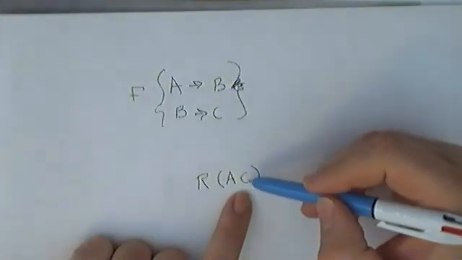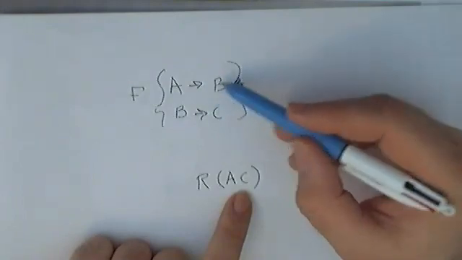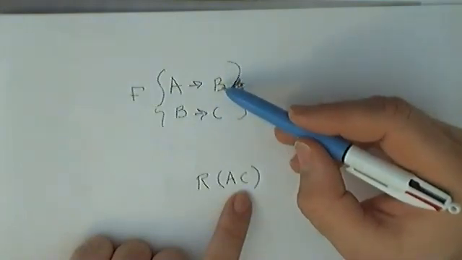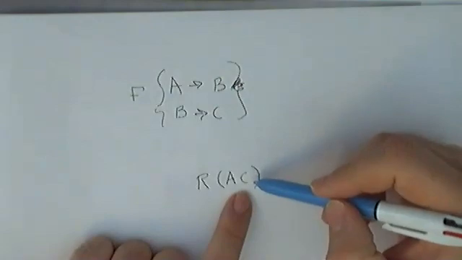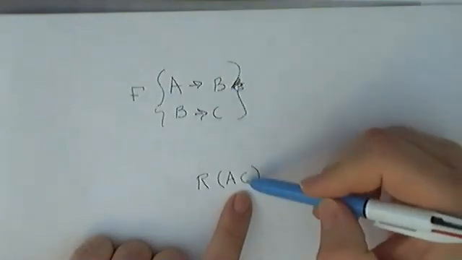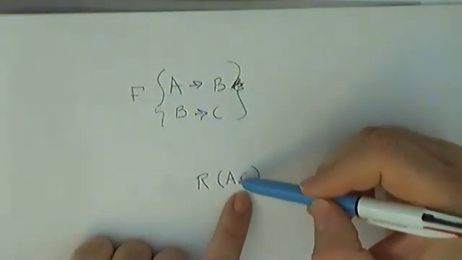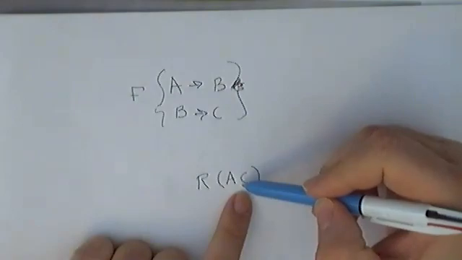The way I say it is that A goes to B does not have a happy home inside of this relation. It doesn't fit. It does not project over this relation. Likewise, B goes to C doesn't fit either when I try to project it over R.